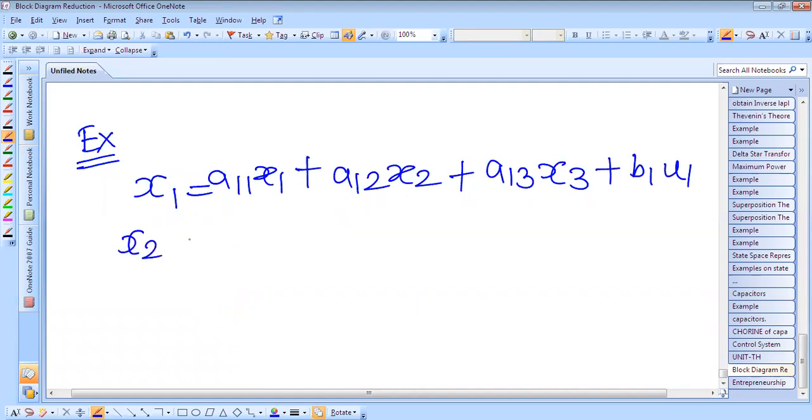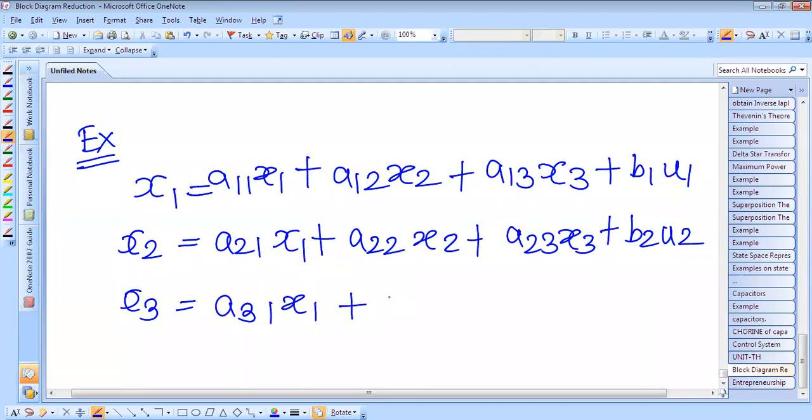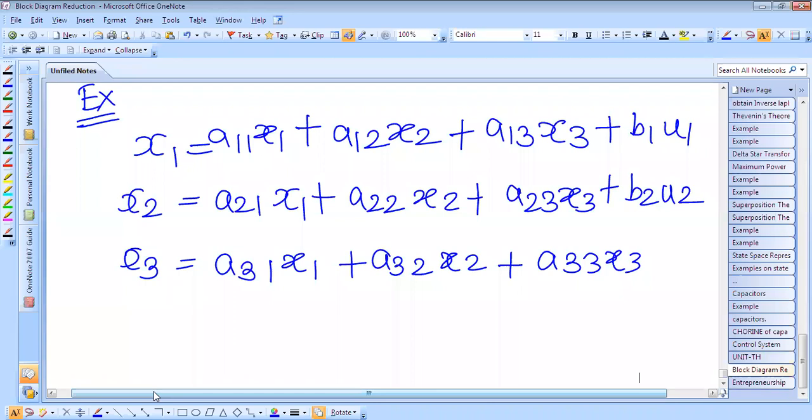Similarly, x2 is equal to a21 x1 plus a22 x2 plus a23 x3 plus b2 u2. This is the second equation, and the third equation is x3 is equal to a31 x1 plus a32 x2 plus a33 x3.